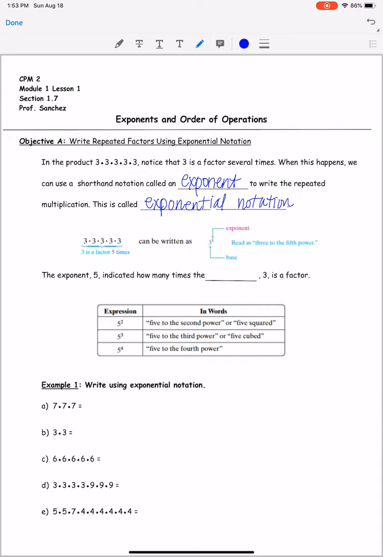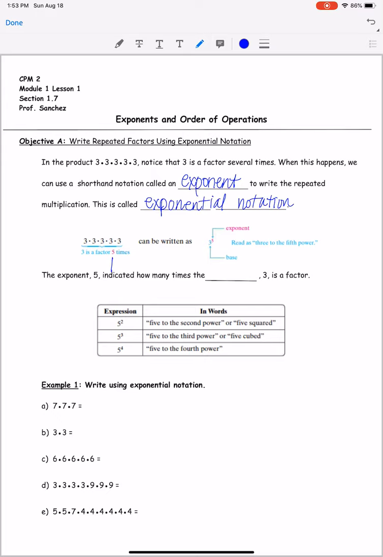Okay, so using that exact example, we have 3 times 3 times 3 times 3 times 3. It says 3 is a factor 5 different times. So you've got the repeating factor of 3, and it's repeating a total of 5 times.